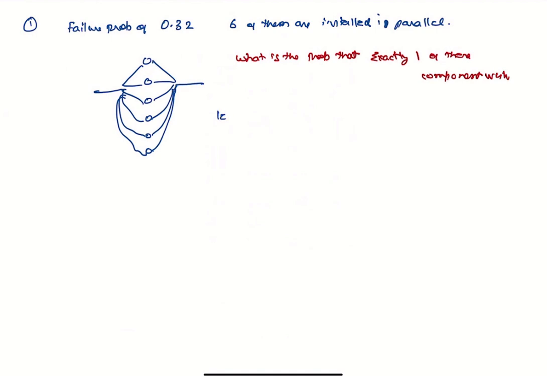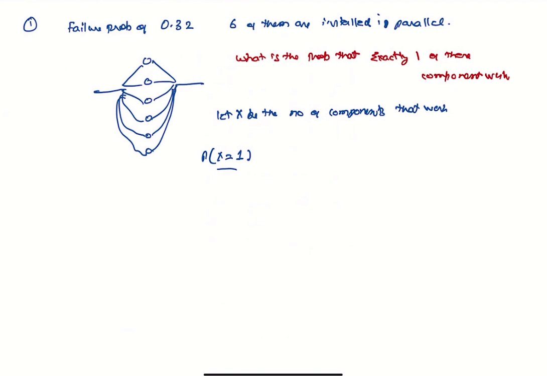Let X be the number of components that work. Probability X is equal to 1. But what is the distribution of X?